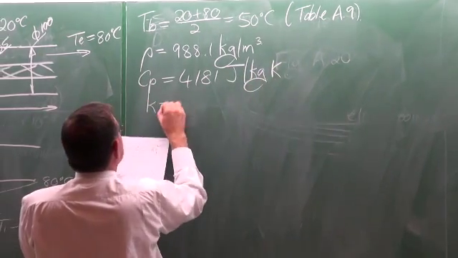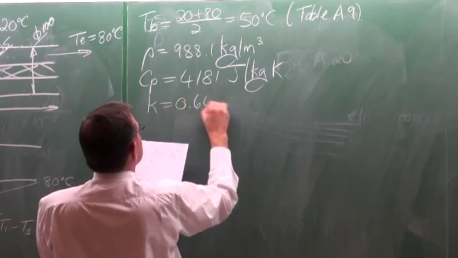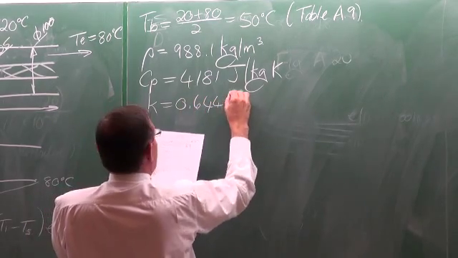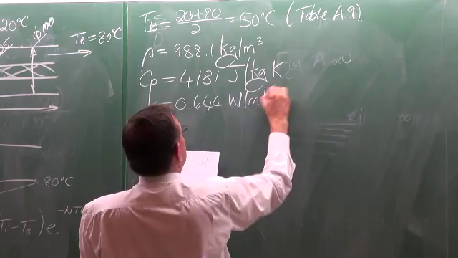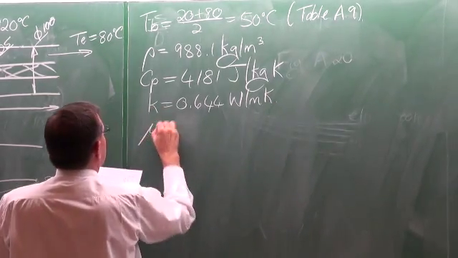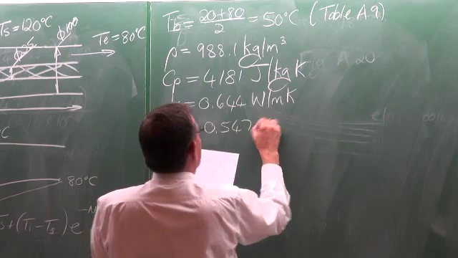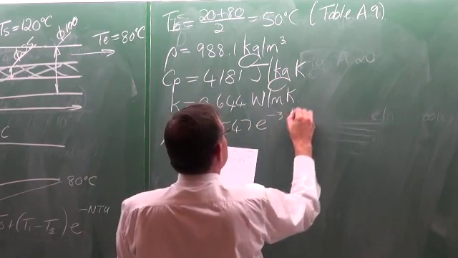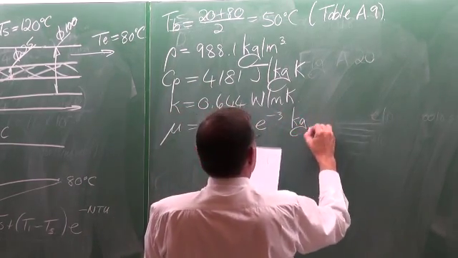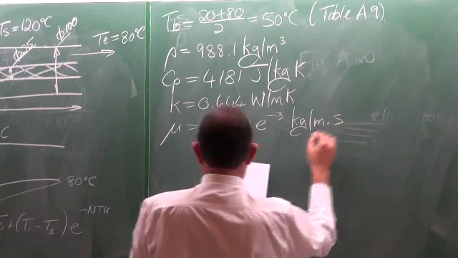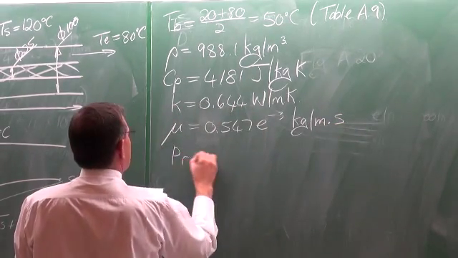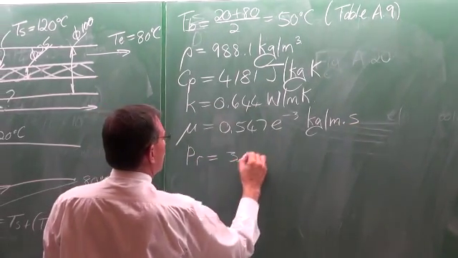The thermal conductivity k is equal to 0.644 watts per meter Kelvin. The viscosity is equal to 0.547 e to the minus 3 kilograms per meter second, and the Prandtl number is equal to 3.55.